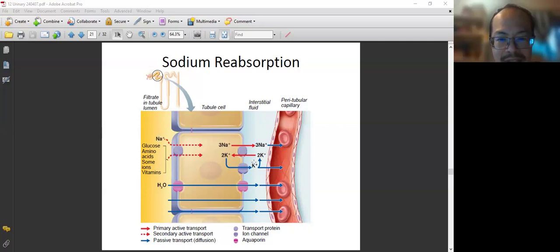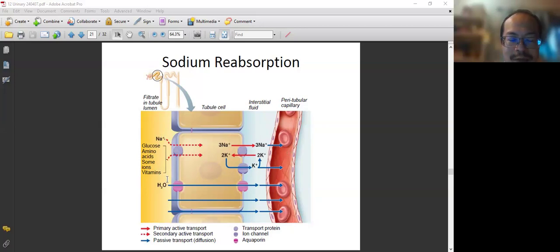By diffusion, by concentration gradient, sodium will move from high concentration in the urine into the low concentration. There is basically very little sodium inside the cell. So sodium gets pushed back.